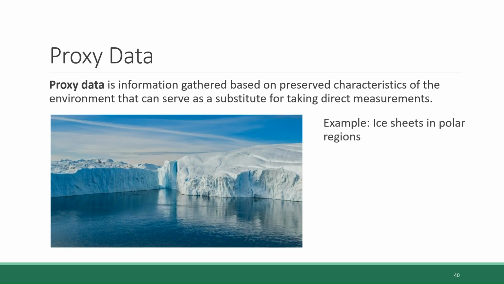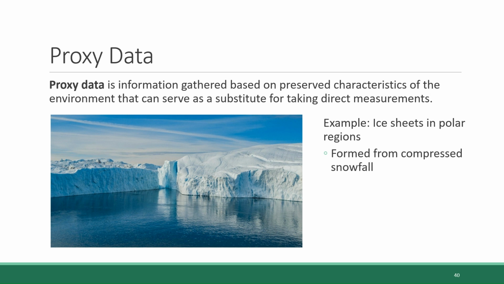One important source of proxy data is ice sheets in polar regions. These are huge areas of permanent ice that have existed for extended periods of Earth's history. The regions they exist in are so cold that they don't melt and are preserved over time.